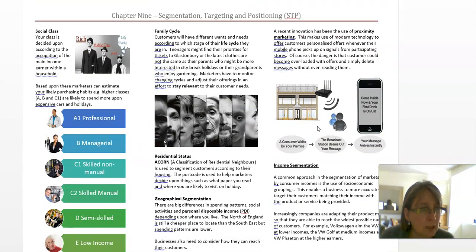You could separate people out by social class, and there's a categorization, which I don't know how much this applies to the population anymore, but it used to group every working person within these social classes, and you were defined by your class by what job type you had.